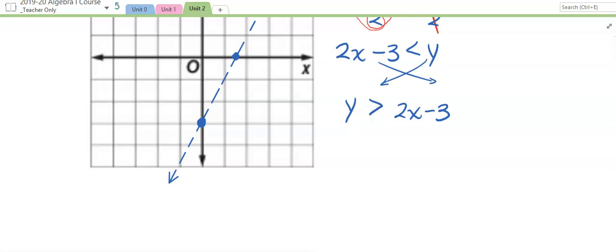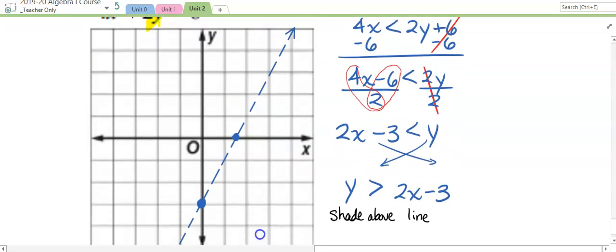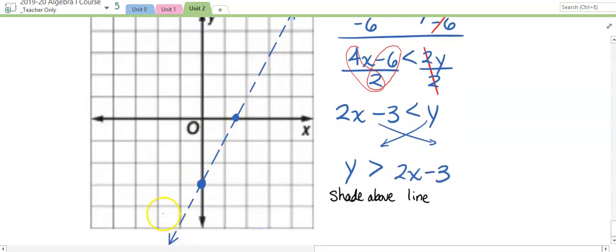This says shade above the line. Here's my line. Does this side look like it's above it? Or is this side above it? Another way to think about it, here's my y-intercept. Go above the y-intercept.